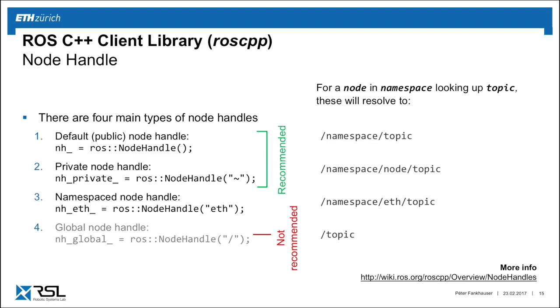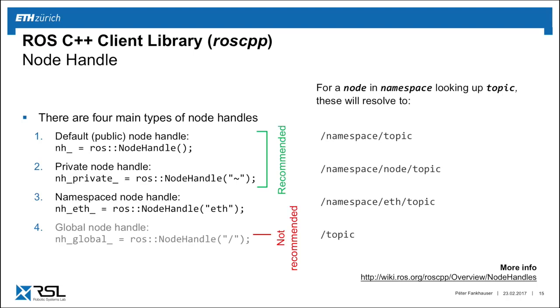For the private one, all the private ones lie within /node. So it would be namespace/node name/topic. If you use the namespace one, it would add another namespace to the namespace, so it would be namespace/ETH/topic. And the very last one is the global one, which goes to /topic.